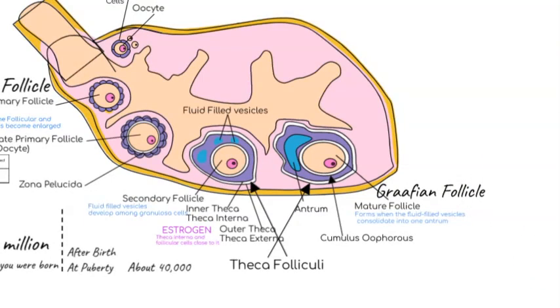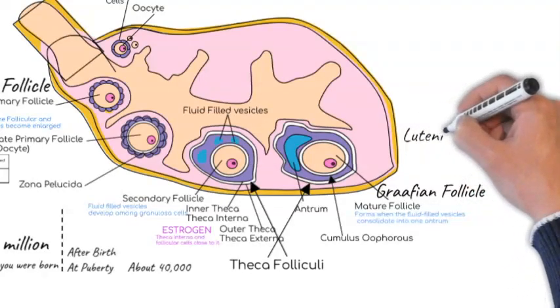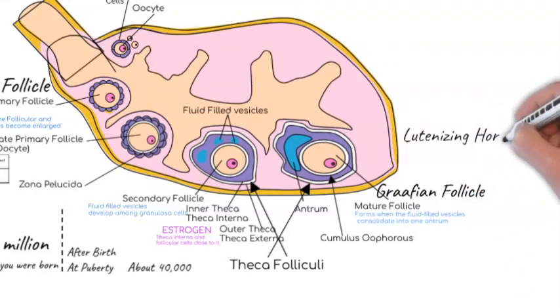So now, the second meiotic division starts immediately after the secondary oocyte is formed. This is happening around the middle of the cycle, 14 days before the next menstrual cycle. The Graafian follicle is fully ready for ovulation. A surge of a hormone called luteinizing hormone occurs to stimulate ovulation.